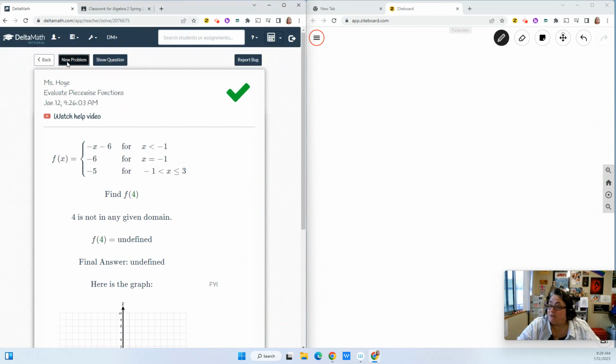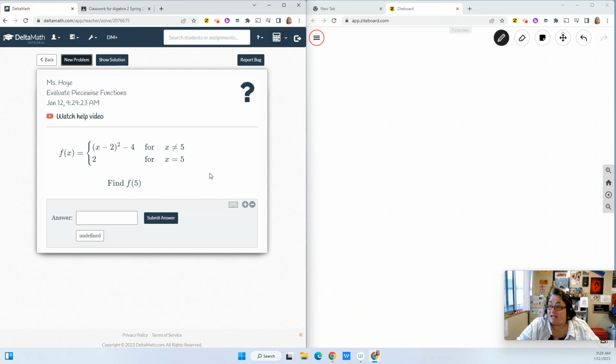So let's look at one more of these and then we'll move into the graphing ones, because that's where you guys were really struggling. Here we only have two options for what x can be. It could either not equal 5 or it can equal 5, right? There's only two options we have. We can't have anything undefined because all numbers are either going to equal 5 or not equal 5.